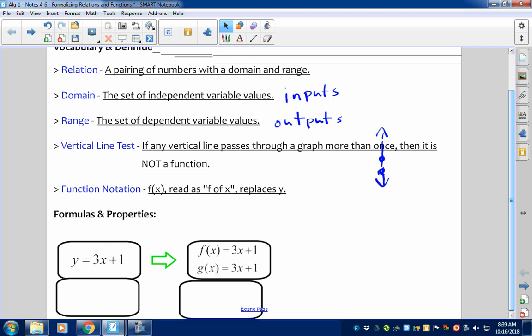In physics, we use function notation all the time, letters that represent specific physical, real-life things. So y equals 3x plus 1, that's a linear function. And f of x equals 3x plus 1, that's function notation for that line.